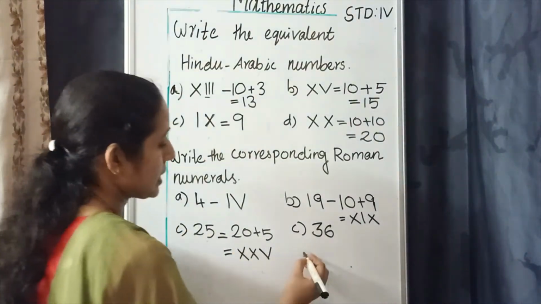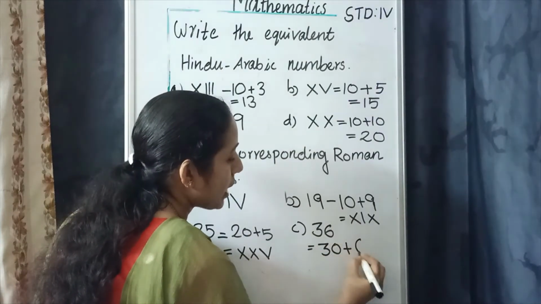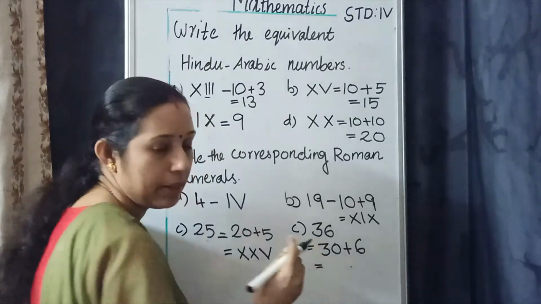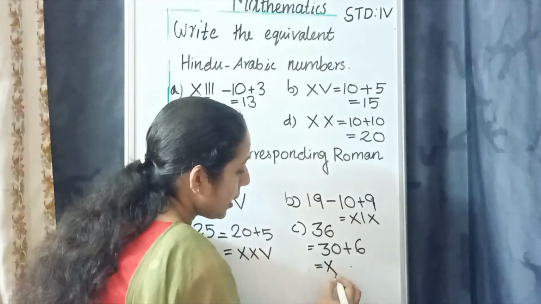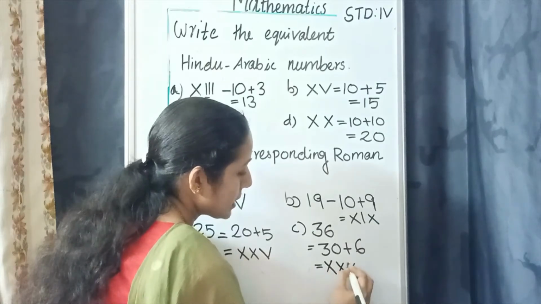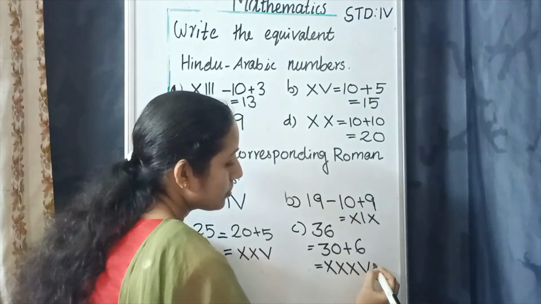XXV. Next, 36. 36 means 30 plus 6. How do we write 30? 30 means 10 plus 10 plus 10, so XXX. And 6 means VI.